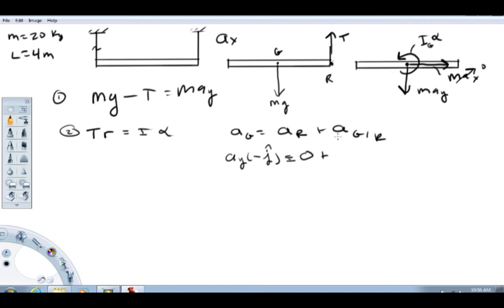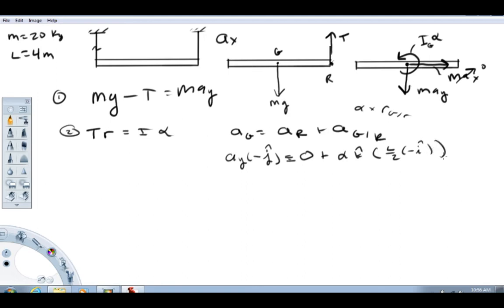The acceleration of G with respect to R can be written as alpha cross r_G/R. So this is going to be alpha k hat, where alpha is the angular acceleration, times r, that's G with respect to R, which is L over 2 in the minus i direction.